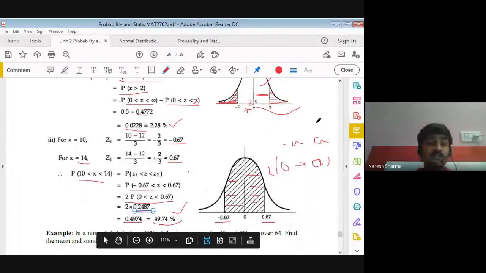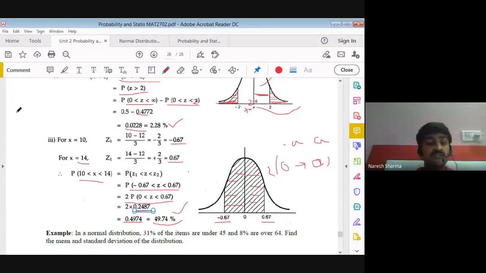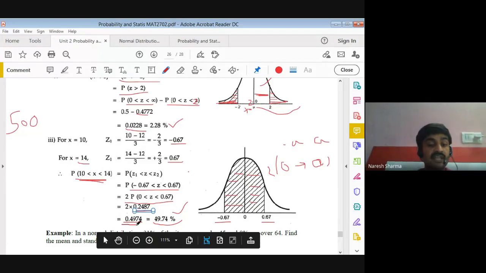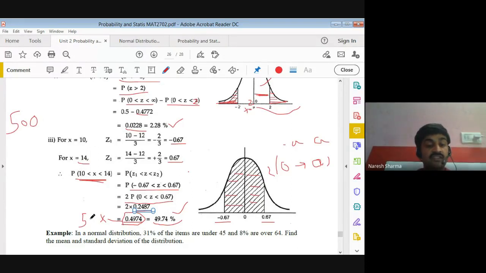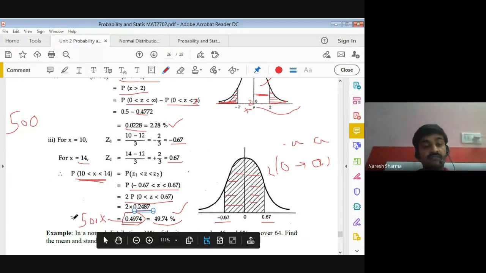Now suppose in the same question, it asks, we have 500 bulbs or cells. So the problem is, how many bulbs are like this, how many number of bulbs. In that case you just multiply this probability with the number of bulbs, that is total bulbs, that is 500. Once you multiply this with 500, you get your required result, that is the number of bulbs, right?